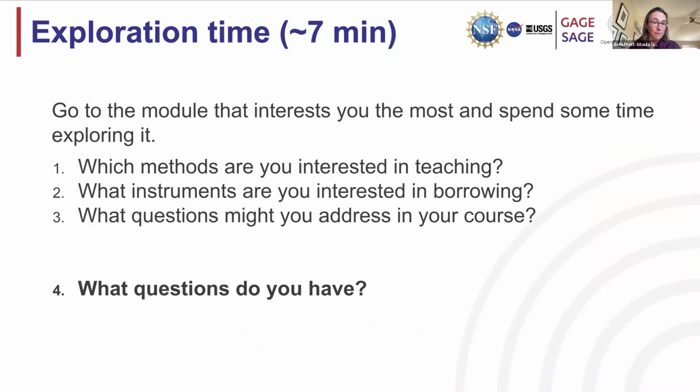We suggest that you consider jotting down your thoughts on which methods you are interested in, which specific instruments you would want to borrow, or maybe you already have some and wouldn't need to borrow all of them, what questions you might address in your course, and what questions you have for us. If you check the chat, I've put the links to the teaching resources and to the instrument request page.